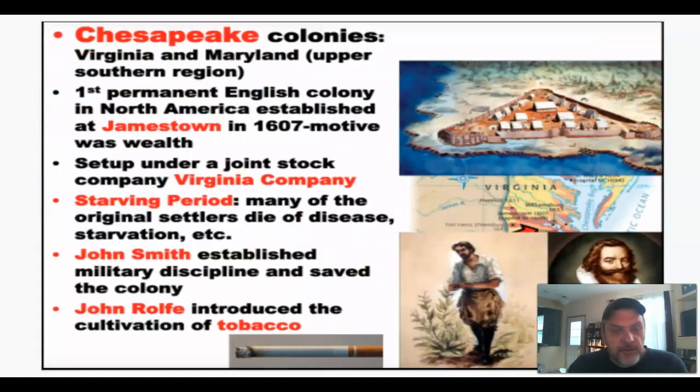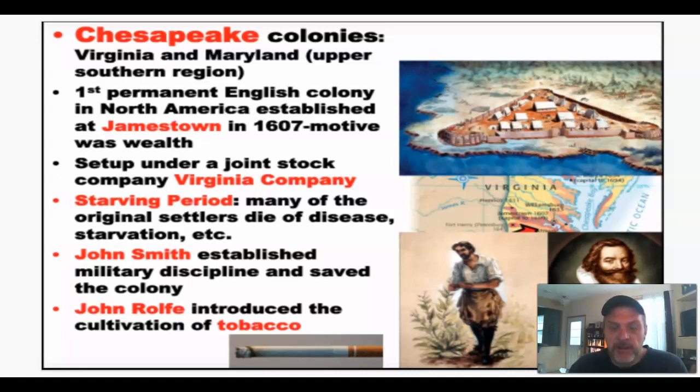Okay, so the first area that we're going to start with is known as the Chesapeake colonies. And the Chesapeake colonies primarily are made up of present-day Virginia and present-day Maryland. The first permanent English colony in North America, of course, was Jamestown, and that was established in 1607.